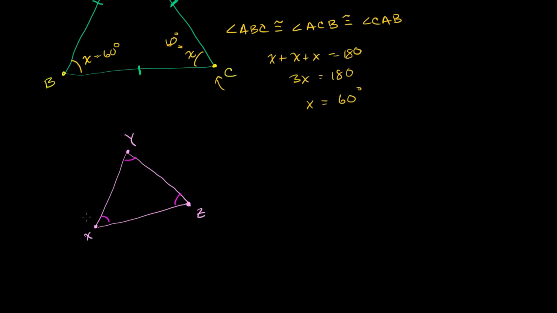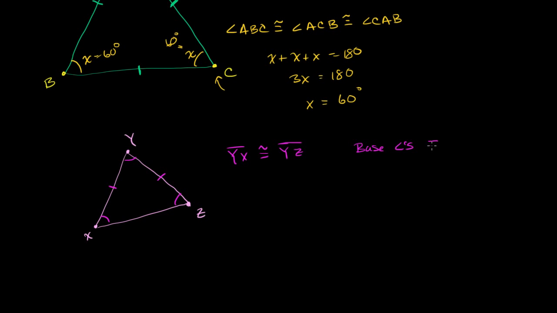What we showed in the last video on isosceles triangles is that if two base angles are the same, then the corresponding legs are also going to be the same. So we know, for example, that YX is congruent to YZ, and we know that because the base angles are congruent.